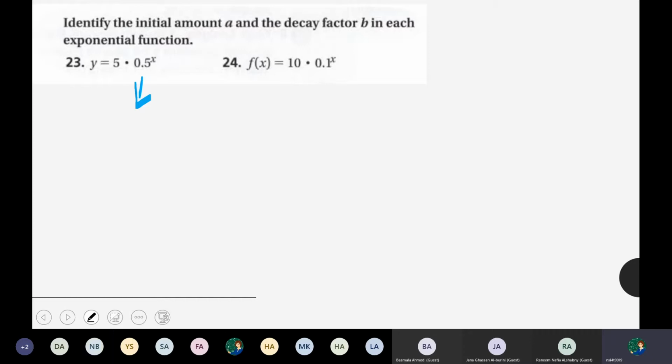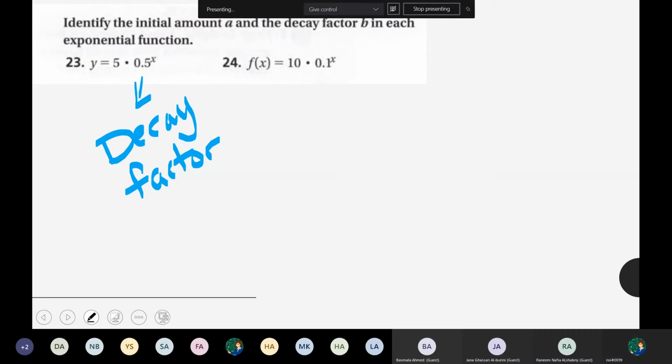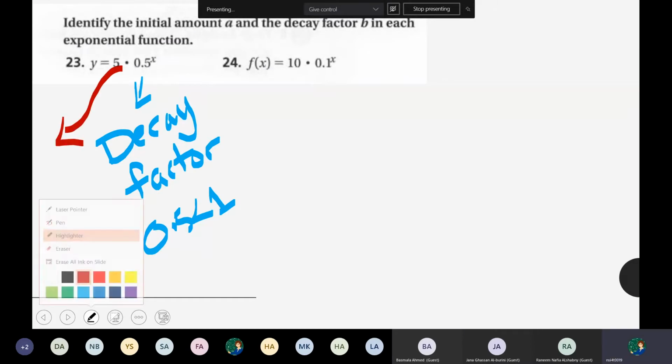This was my decay factor. Is it less than 1? Yes. Now, where's my initial amount? 5. Thank you.